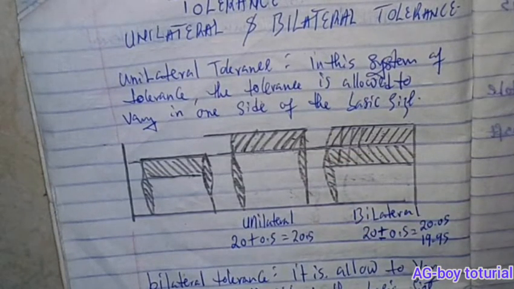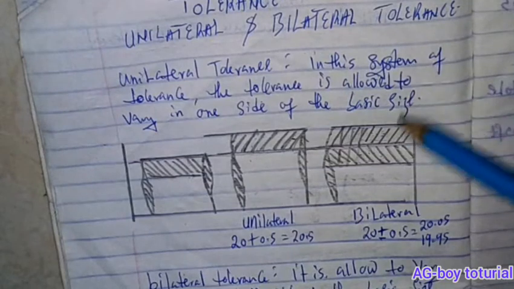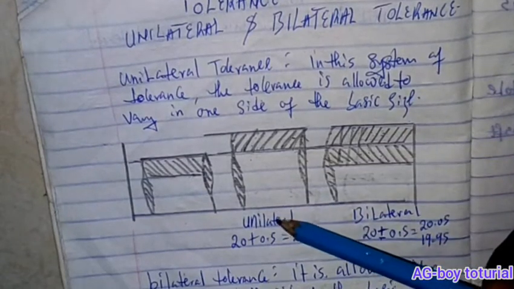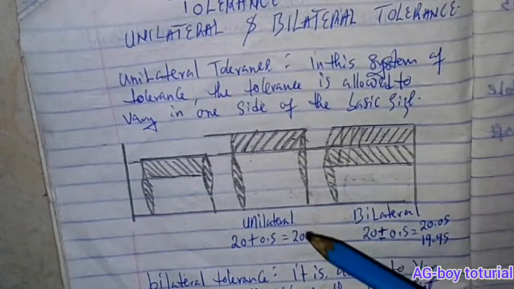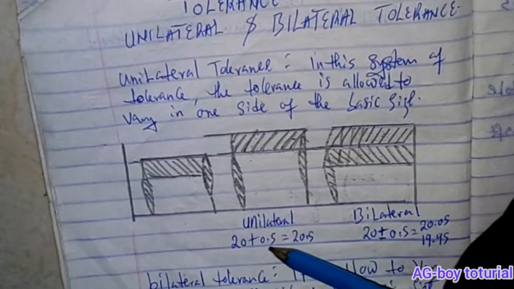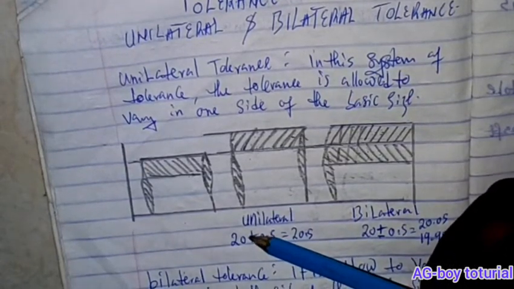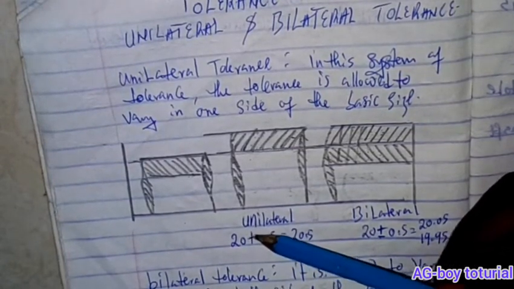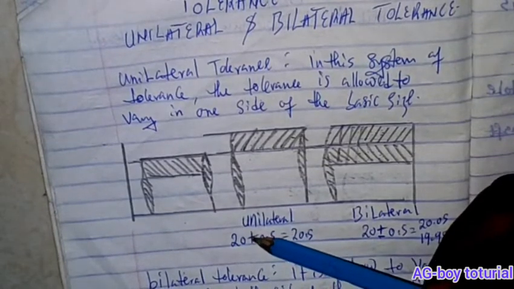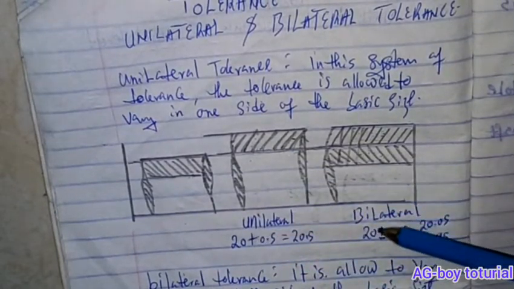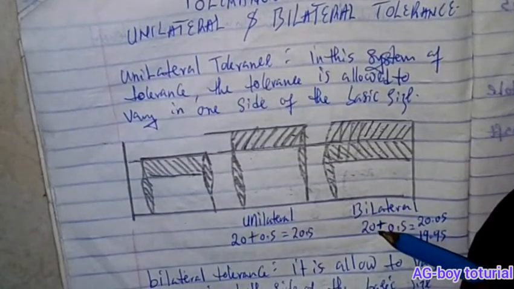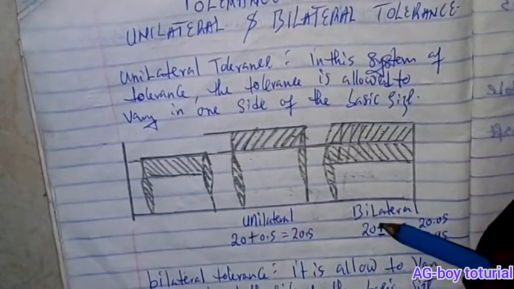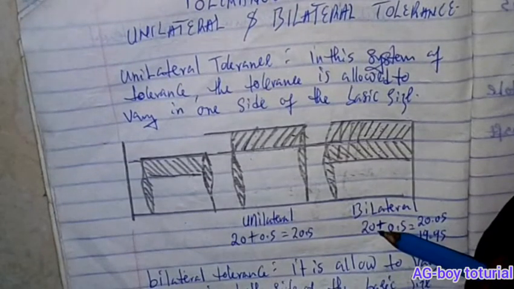Another thing you need to know again: unilateral tolerance always comes with either a positive sign or a negative sign, while bilateral tolerance comes with both a positive and a negative sign.